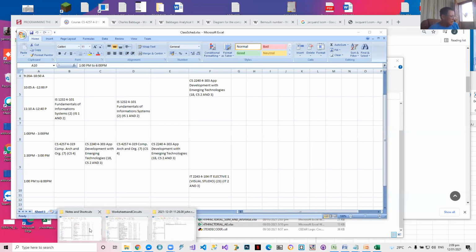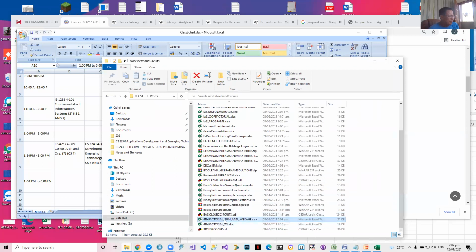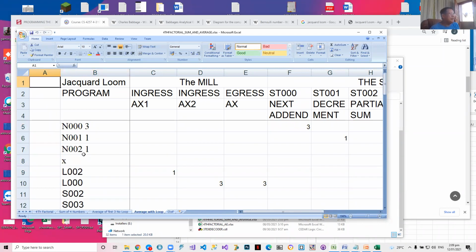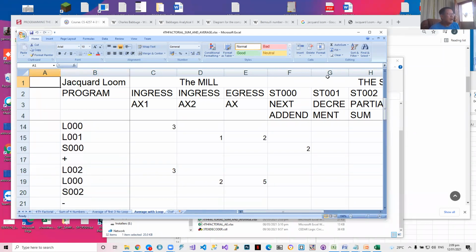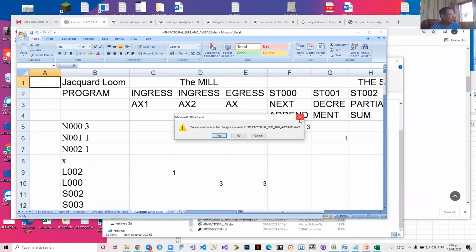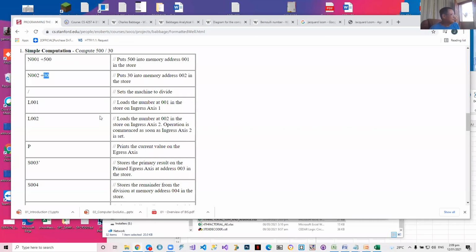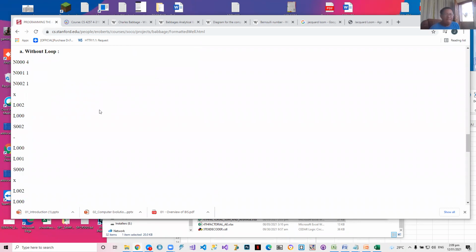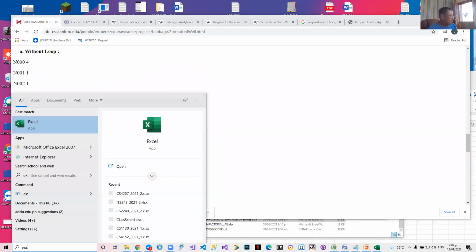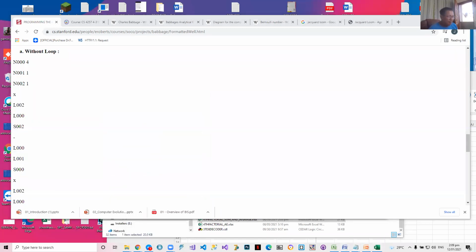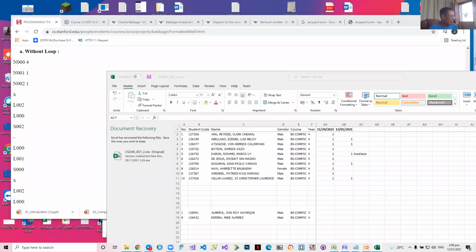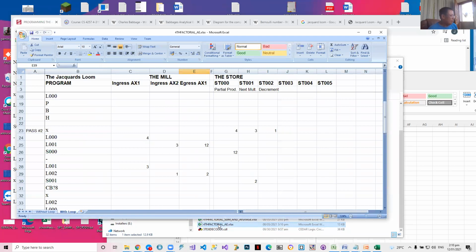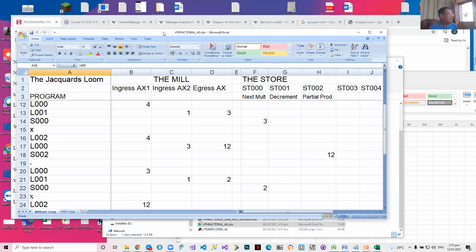Without looping it would be faster. It still loops, because of the CB. We'll use a sample program from the net. This computes the fourth factorial. Let's use Excel. This one is without a loop. Can you see that now?